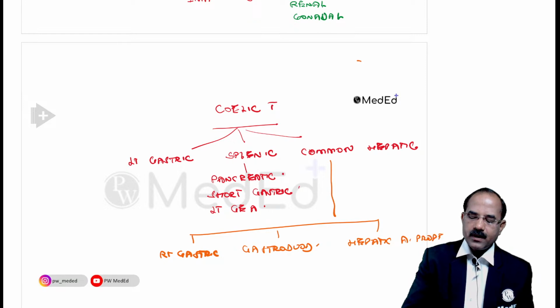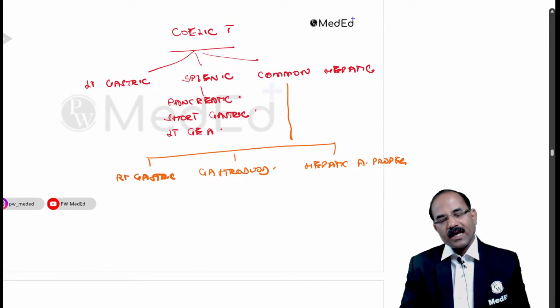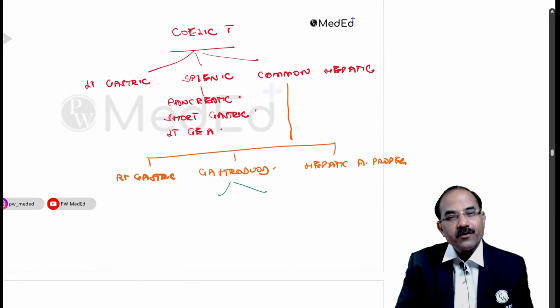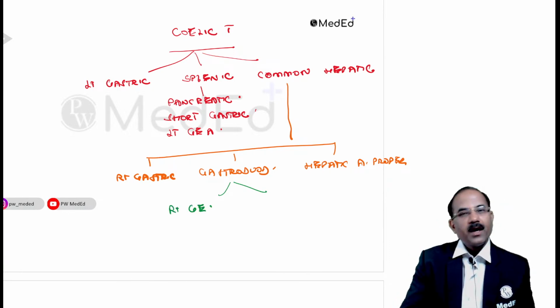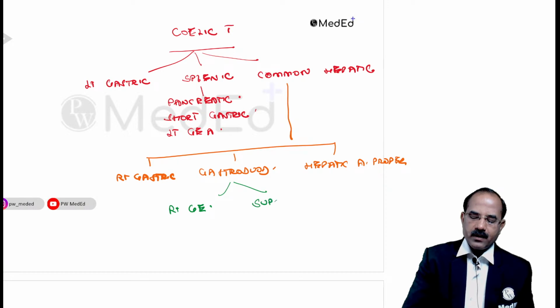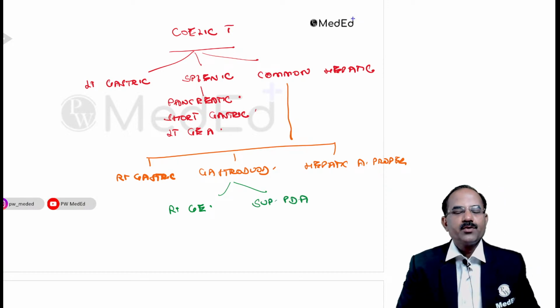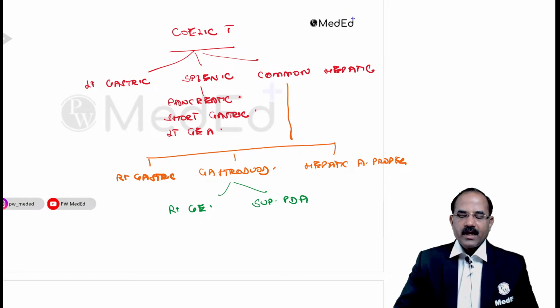Now students, clear? Gastroduodenal gives further two branches: the right gastroepiploic artery and the superior pancreaticoduodenal. Fine, so that's the celiac trunk.